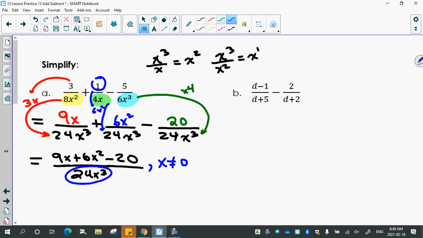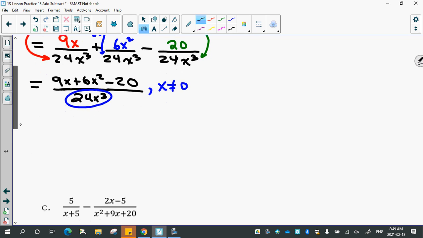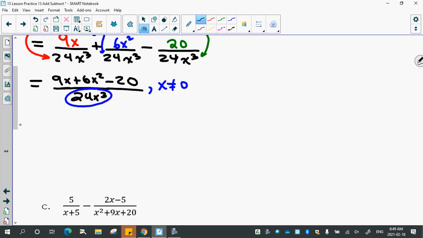Now I want to look at whether the numerator is factorable or not. Any suggestions on how I would know? Can I factor the numerator? The denominator I can't because it's just one term. How would I figure out if I can factor the numerator? Well, do you see that I've got an x squared and x and a plain number? So can I reorder these so that they look like this instead?